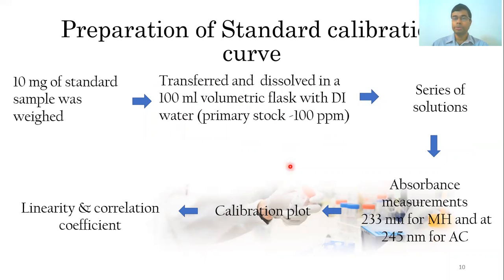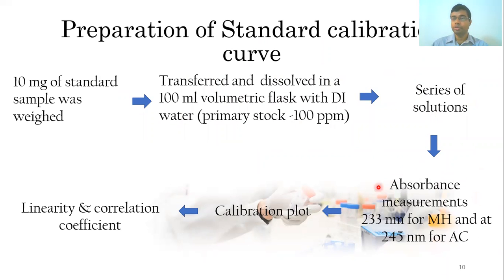Our intention was to prepare a 100 ppm solution. Then we prepare a series of solutions from this stock solution. Now our stock solution is 100 ppm, and we prepare the series of samples based on that.